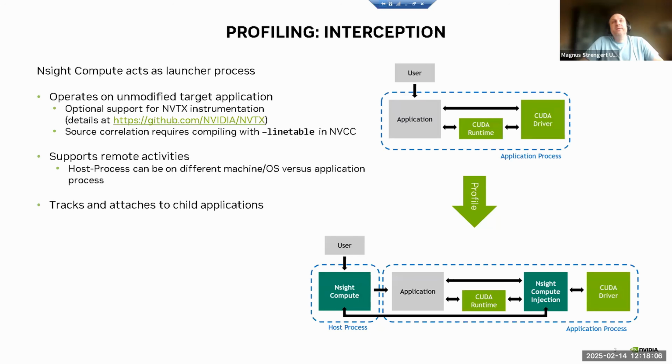The second thing to mention is if you want metrics at source line granularity, or the ability to map metrics to your own source code, then in NVCC there's a -lineinfo flag. If you use this, it doesn't change any optimizations. You can still fully optimize your code or run with -O3.